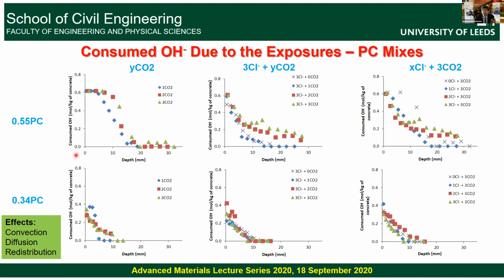So if we assume this as the way concrete is going to carbonate and model that for predicting the service life of this concrete or concrete structure, it cannot be right because you're seeing further changes to the consumption of the hydroxyl here.